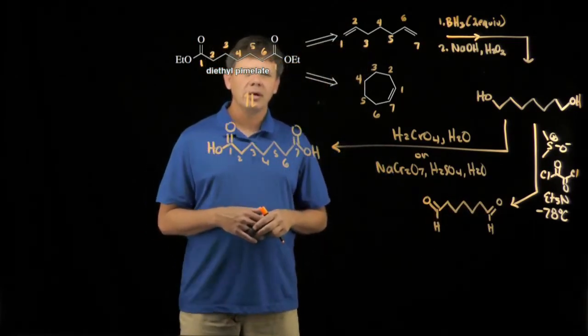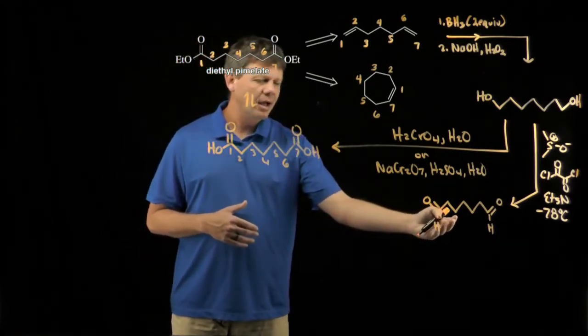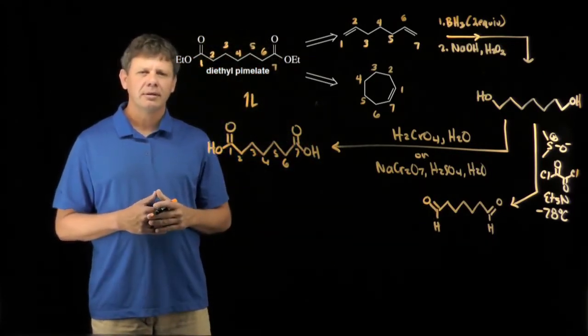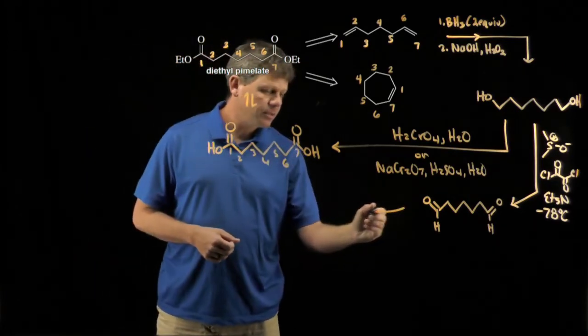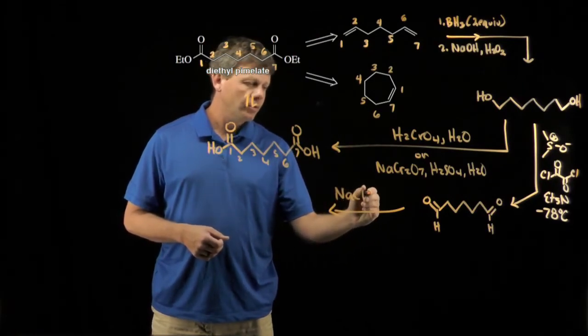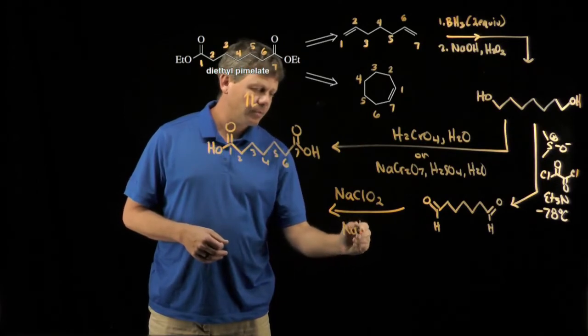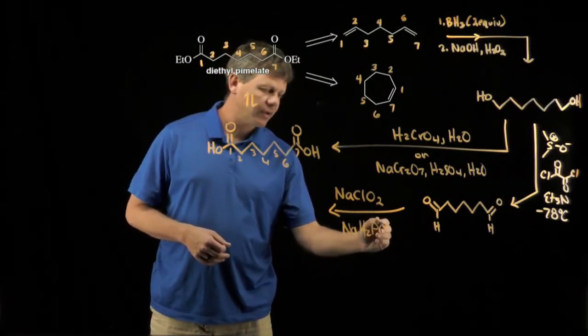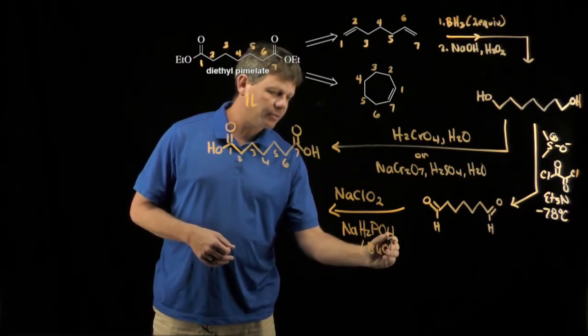We can now do the Pinnick oxidation to convert this dialdehyde into the diacid. The reagents for the Pinnick oxidation are NaClO2, and we buffer that with sodium dihydrogen phosphate. Usually t-butanol is present as well.